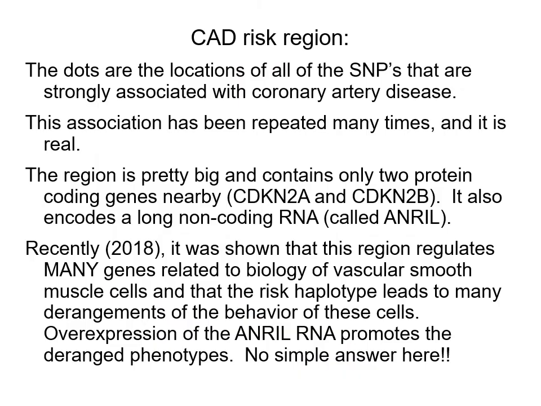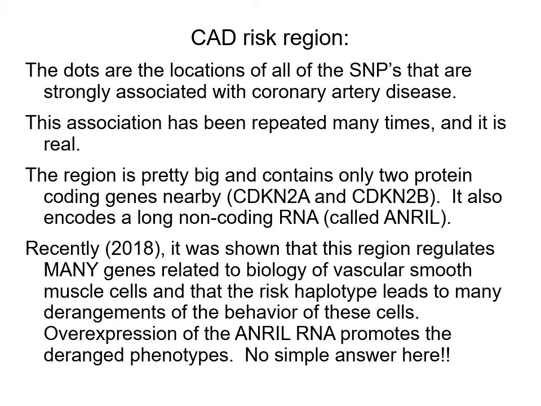So we can say that this particular region has been analyzed and this association has been repeated many, many times, and it's definitely real. It's not some weird statistical artifact of the early study. And the fact of it is that there are only two protein coding regions, and they turn out are not involved with arteries. But there is a long non-coding RNA encoded there.